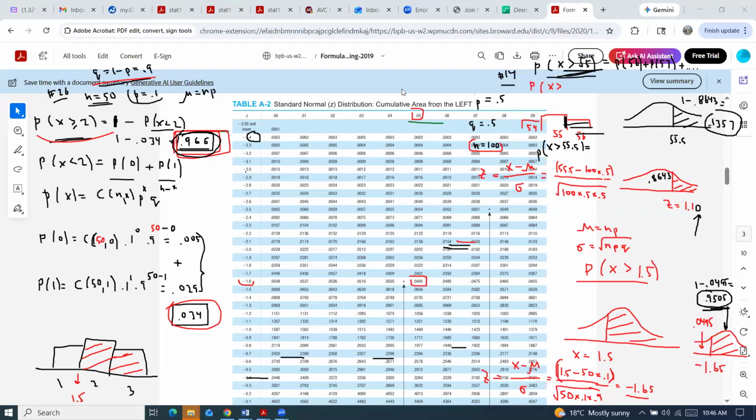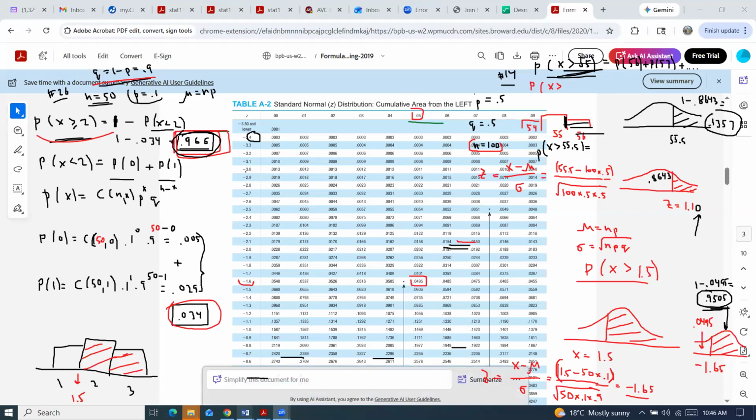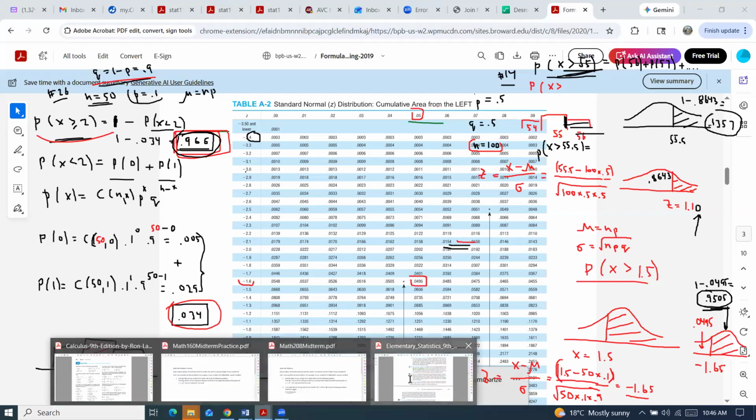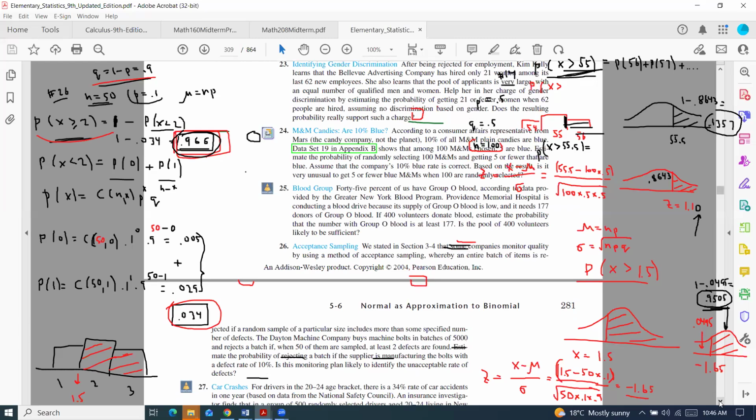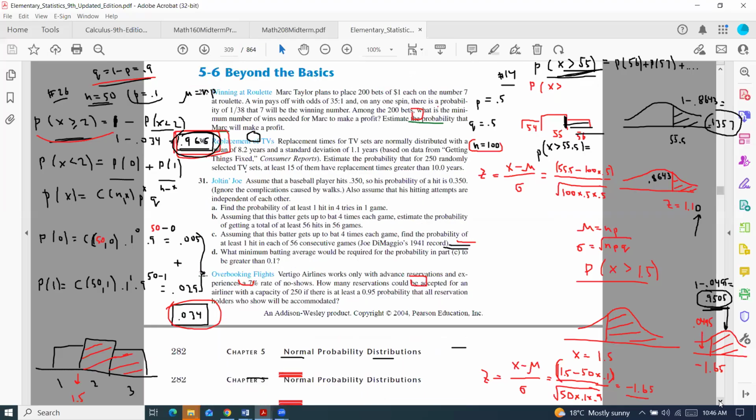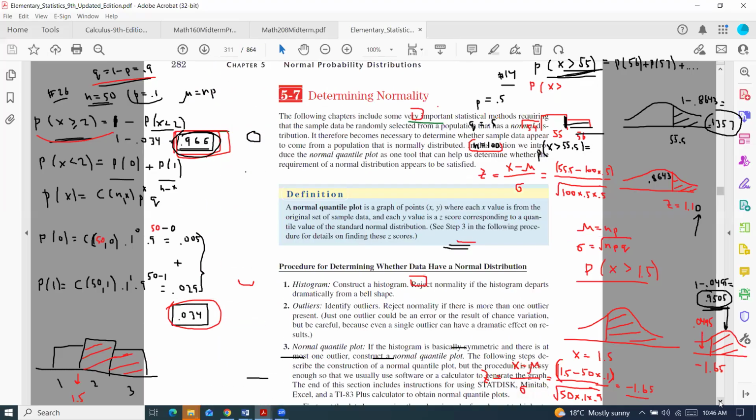So we're pretty much done with the chapter. It was an interesting chapter 5 that introduces us into the whole story of normal distribution and how we can use it everywhere.